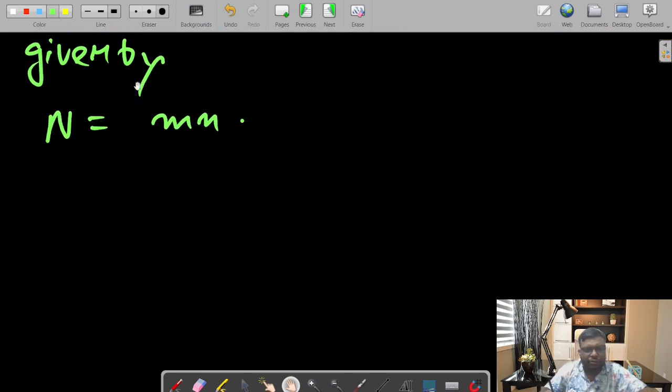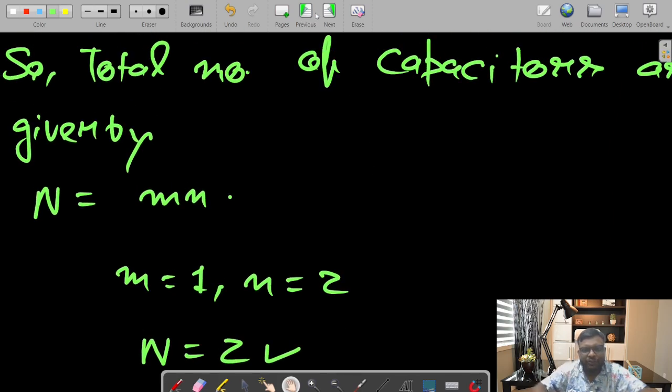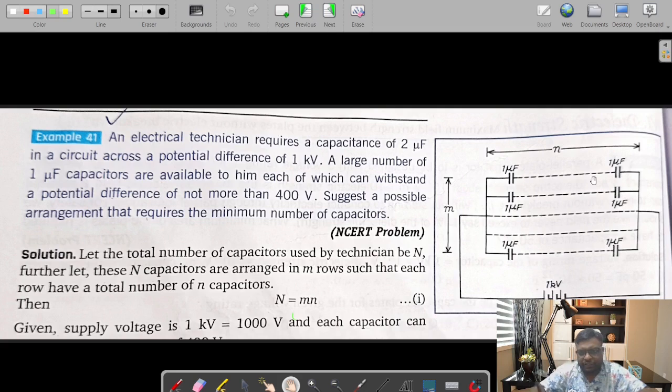So here if m is 1 and n is 2, the total number of capacitors in one row will be 2, and you can verify from the figure given below. Just see here, 2 capacitors in the first row. In this way we have written it with the help of mathematics. So now we will proceed further.